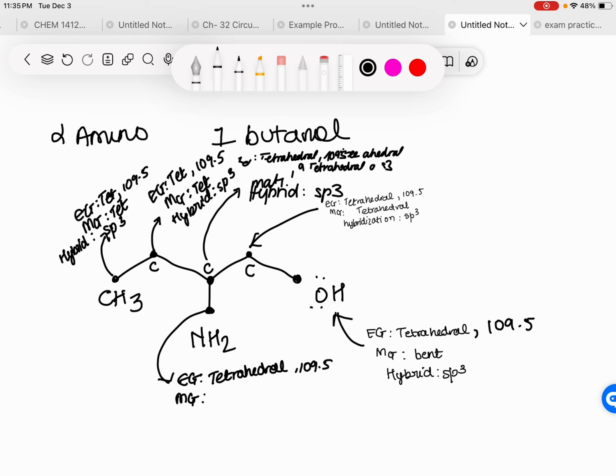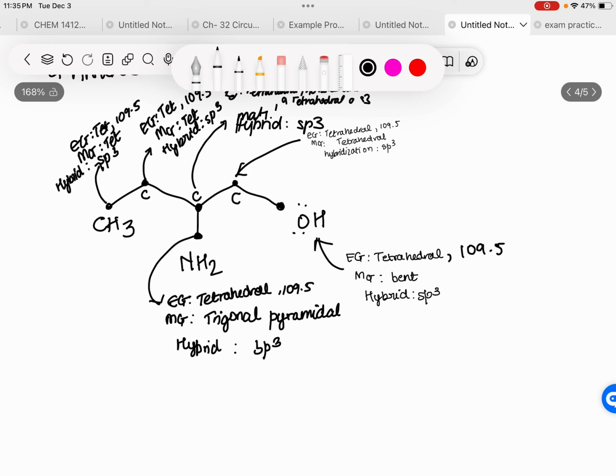Molecular geometry of nitrogen is trigonal pyramidal, and the hybridization is sp3. It's trigonal pyramidal because it has one lone pair.